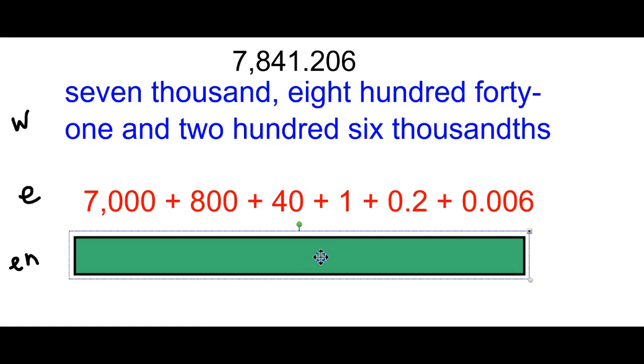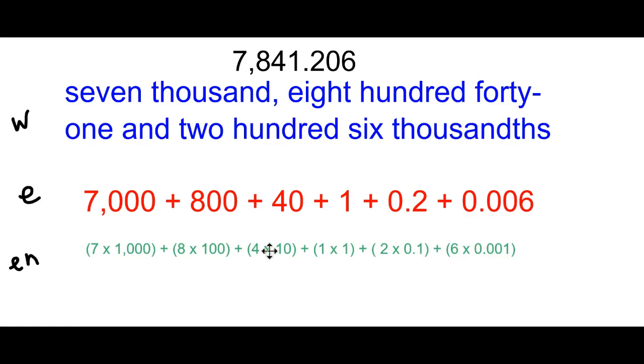And your expanded notation, using decimals for your decimal parts, should be 7 times 1,000 plus 8 times 100 plus 4 times 10 plus 1 times 1 plus 2 times 0.1 plus 6 times 0.001. If you've done this as fractions, it's okay. This part would be 1/10 and this part would be 1/1,000.